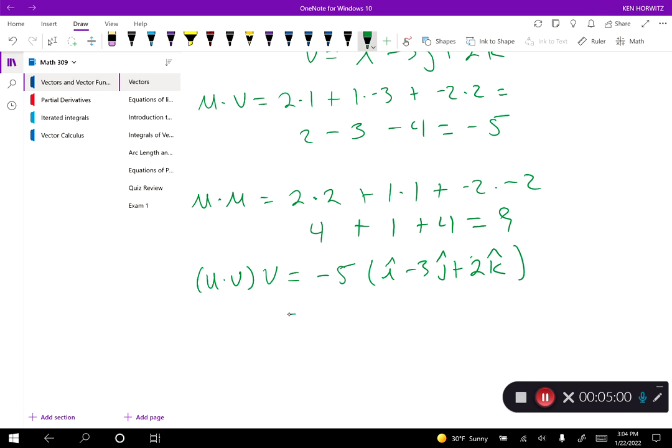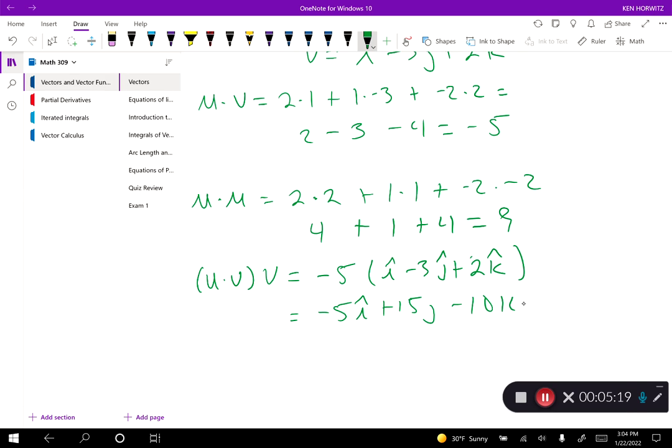Because we're doing multiplication here, not dot product, our answer is going to be a vector. So negative 5i, then plus 15j minus 10k.